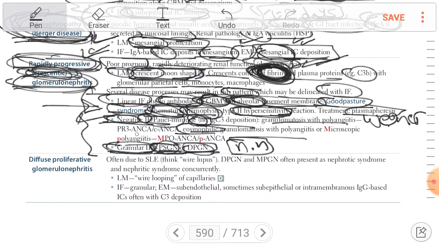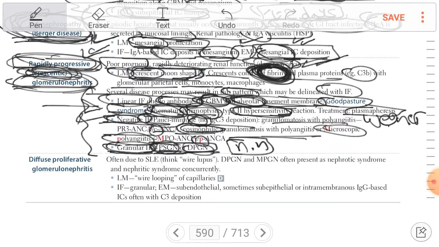Wegener is C ANCA. So C ANCA is Wegener granulomatosis with polyangiitis without eosinophils. But here is granulomatosis with polyangiitis with eosinophilia, so it's called eosinophilic granulomatosis with polyangiitis. It has another name, microscopic polyangiitis, and it's P ANCA. What is the most important here?